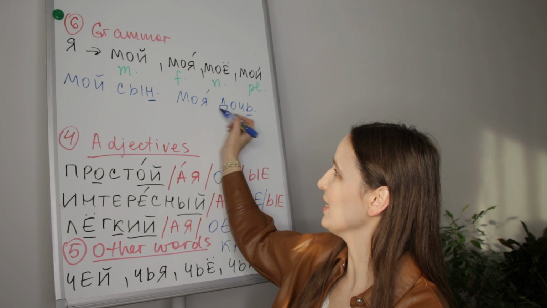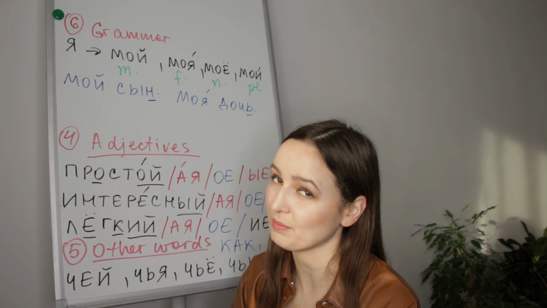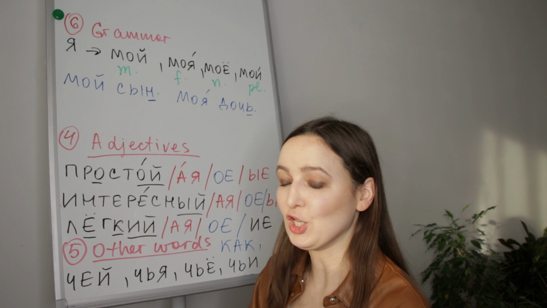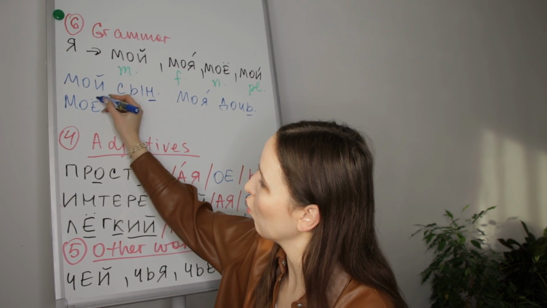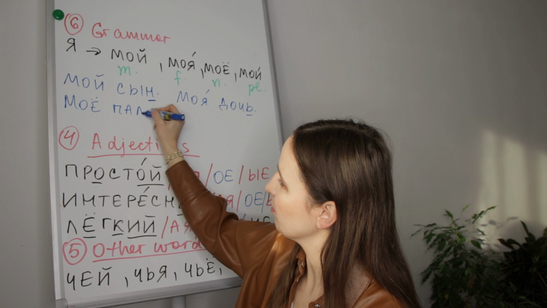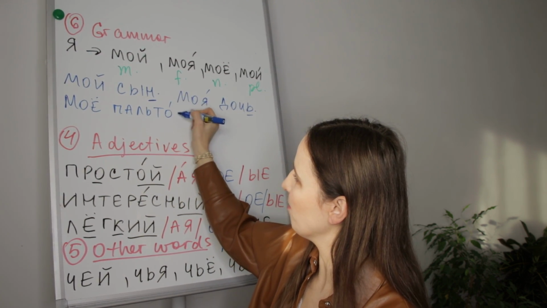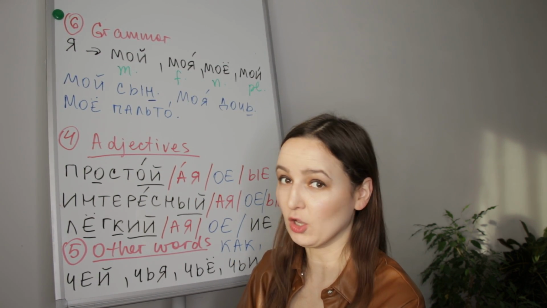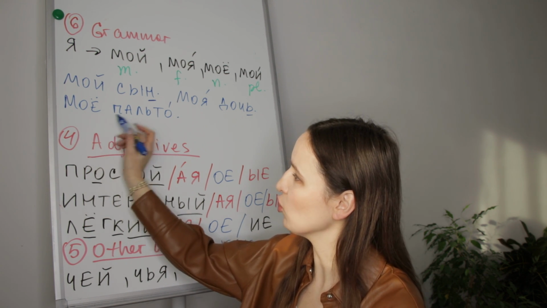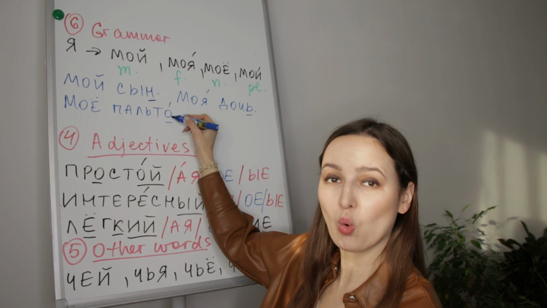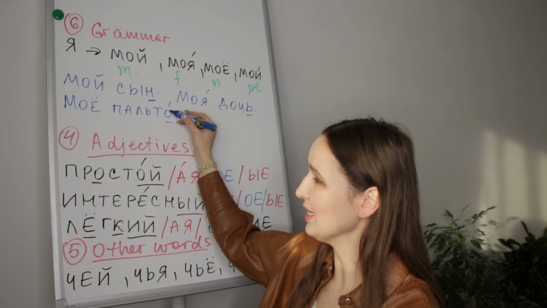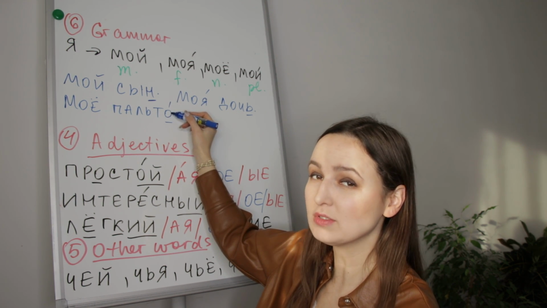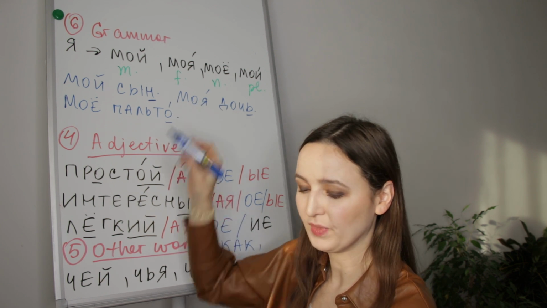And I will use моя because it is followed by a feminine noun. Моё пальто, my coat. I use моё for neuter because пальто is neuter. It ends in O. All the nouns that end in O are neuter.